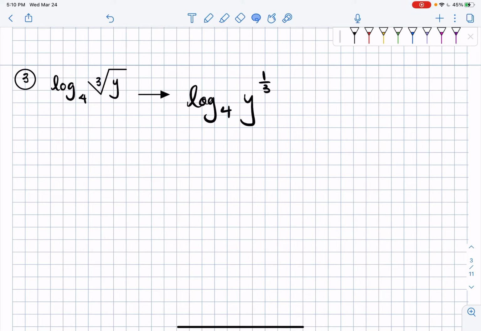The power on y is y to the first power, and the root is a 3. That's why it's to the 1/3. Now, based on the power rule, what do I have? I have 1/3 log base 4 of y. And that is choice D.